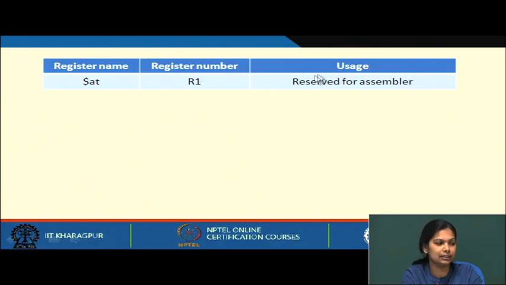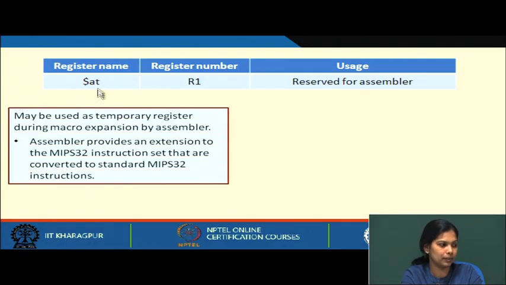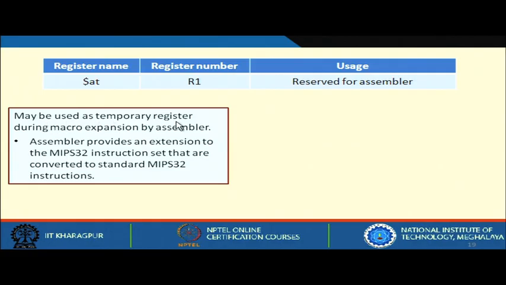It may be used as a temporary register during macro operations by an assembler. An assembler provides an extension to the MIPS instruction set that is converted to standard MIPS 32 instructions.